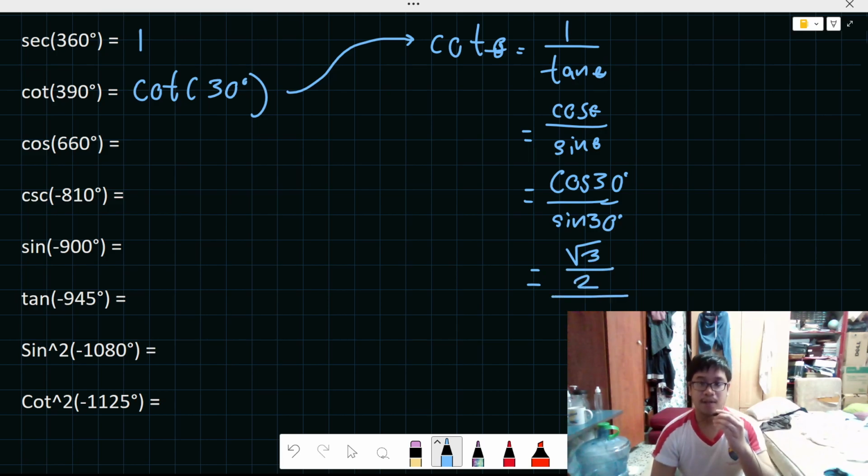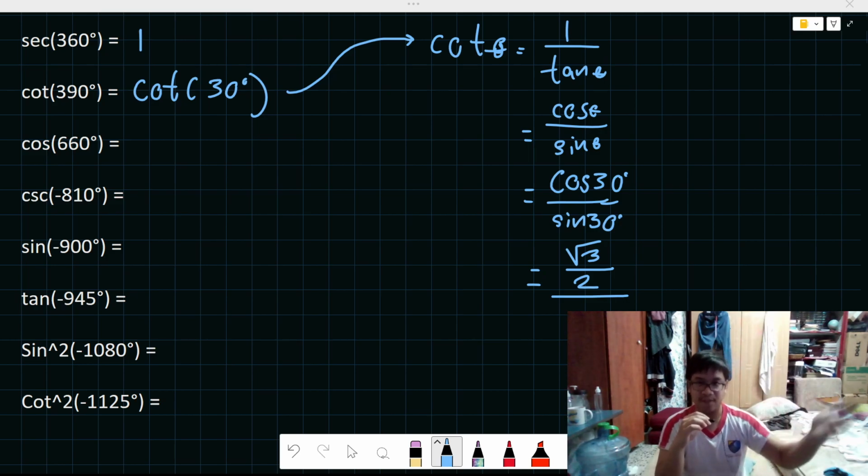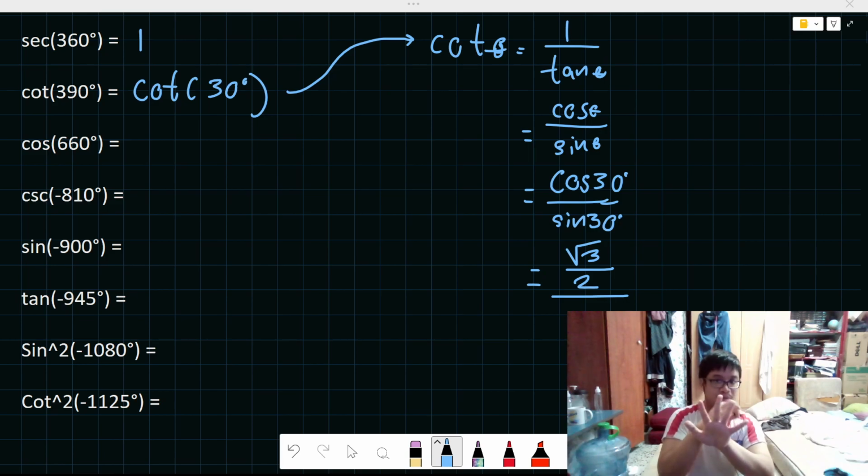Now, how about for sine? Remember, for sine you count 0 to 4 from your pinky until you reach the given angle you are looking for. Let's start: 0, 1.